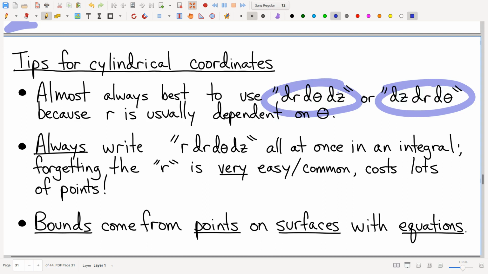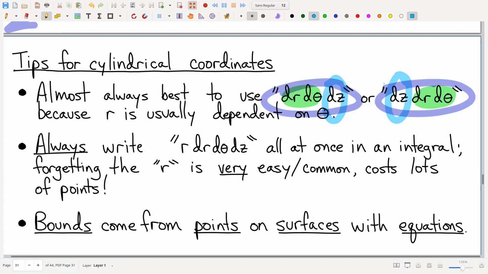We'll talk about how to decide between these 2 in just a second. But notice what defines what these 2 options are. You always want dr and d theta together and in the usual order with dr on the inside. And then there's only 2 ways to do this. You can either have dz on the outside or dz on the inside. So that's how you remember what these 2 options are.